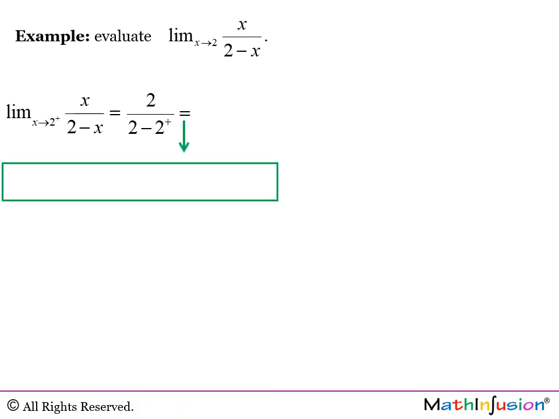Let's do the mental work. 2 is less than 2 plus. So 2 minus 2 plus has to be negative because you take away more than 2. It means that 2 minus 2 plus is 0 negative. It's a very, very tiny number, but negative. So the limit is negative infinity.